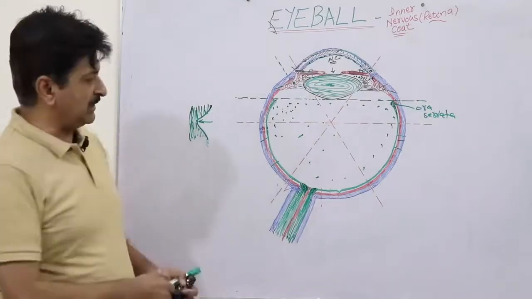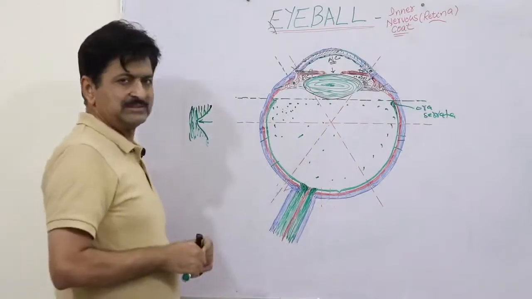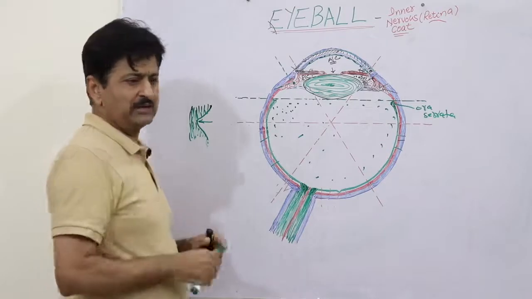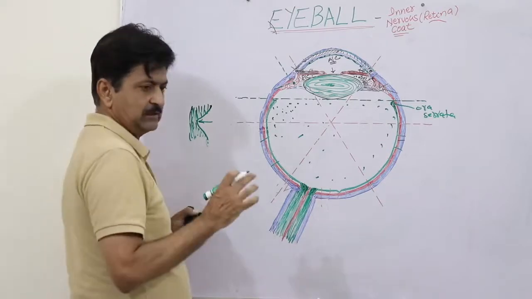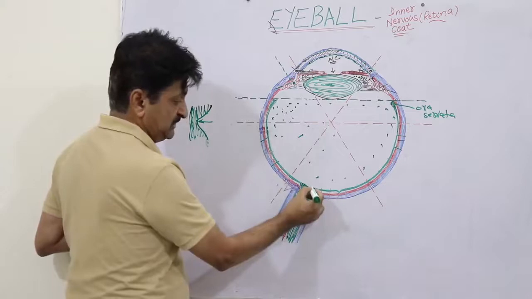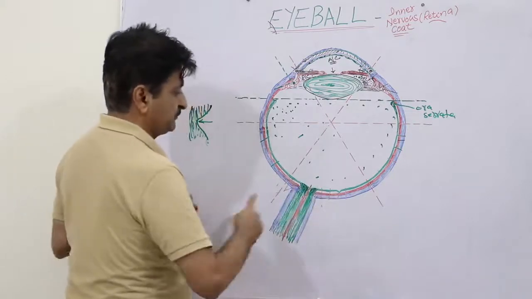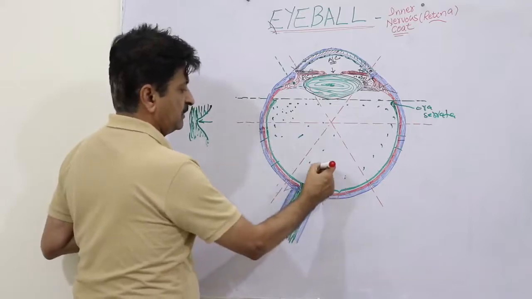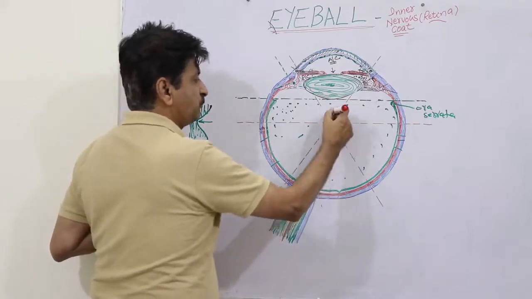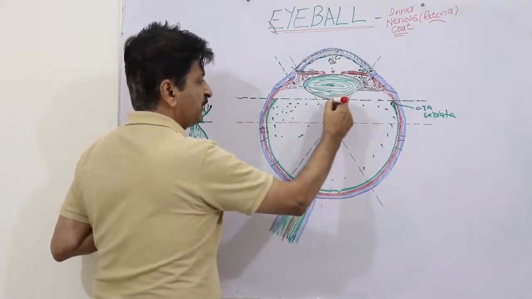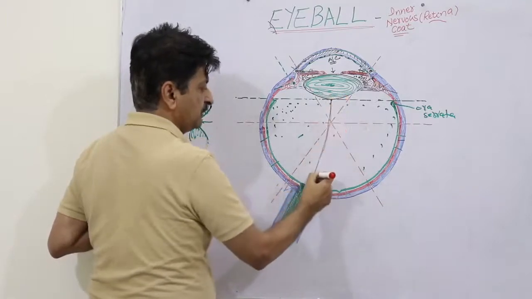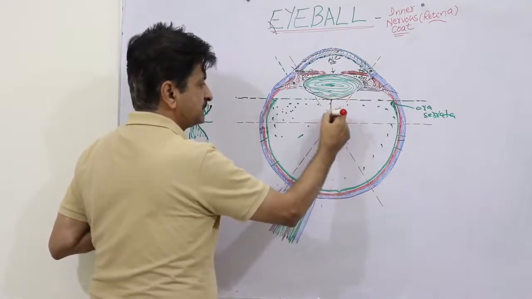Another landmark here is a small transparent canal running through the vitreous and reaching up to the posterior surface of the lens.